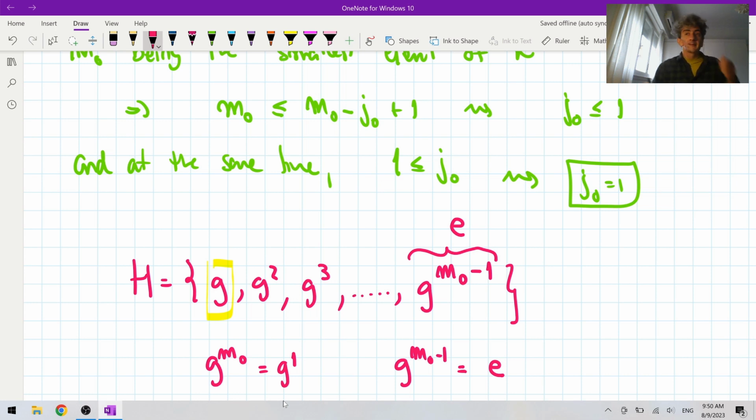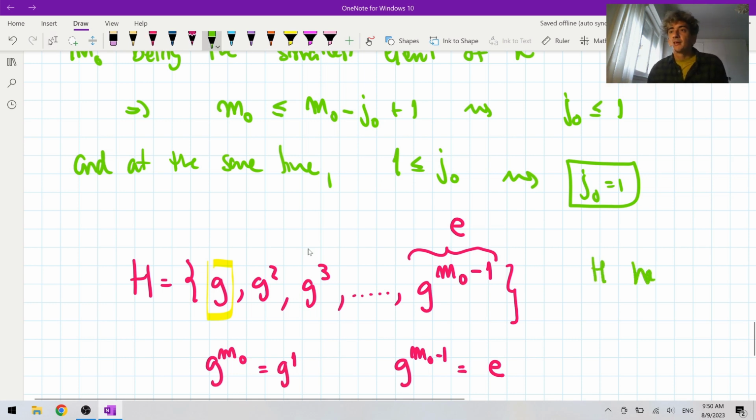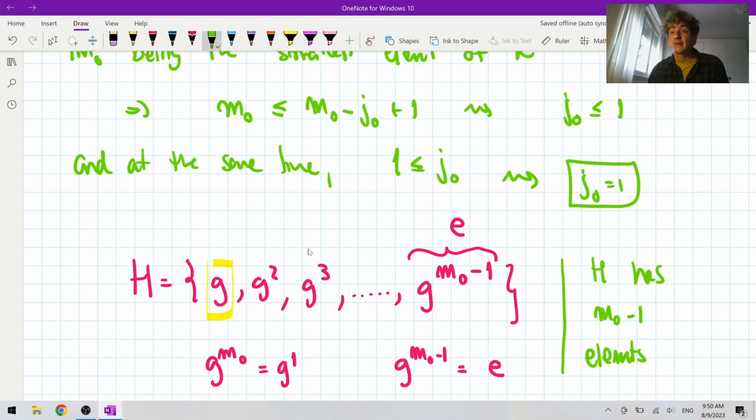Okay, this shows that H has M naught minus 1 elements, and this is very important. H has M naught minus 1 elements.